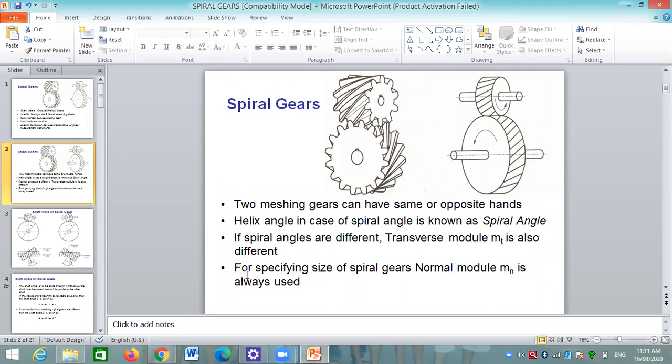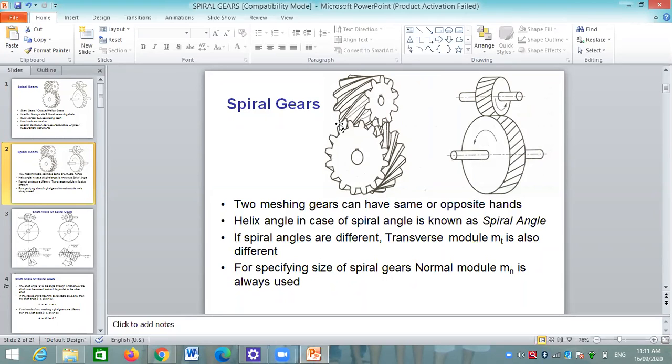We have seen that in a helical gear, the helix angle for the gear is the same as that for the pinion, but in a spiral gear the angles are different. Suppose gear 1 has helix angle alpha 1, then the helix angle of gear 2 may be greater than alpha 1 or less than alpha 1.